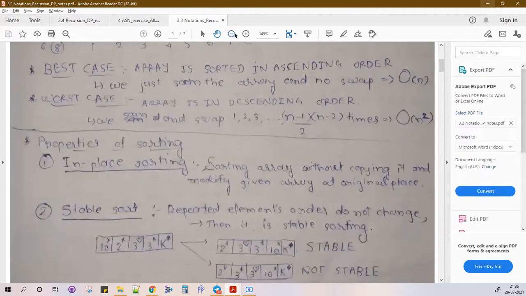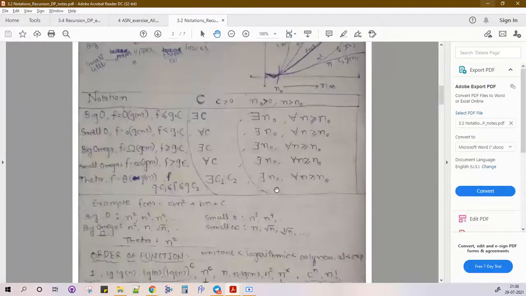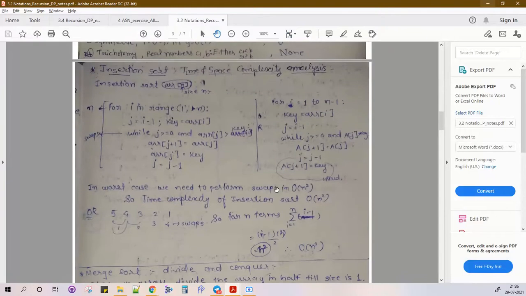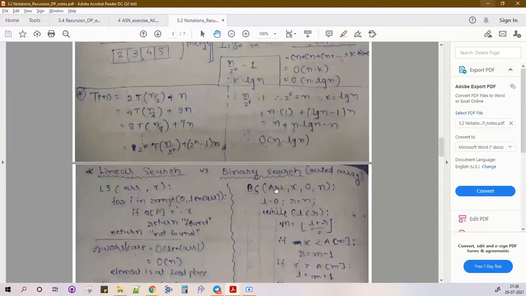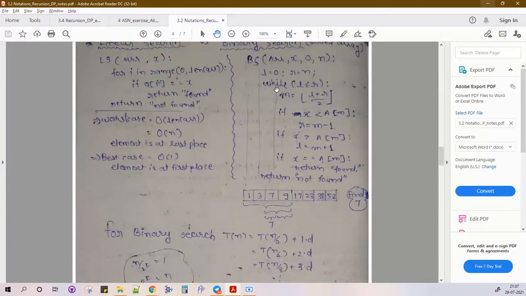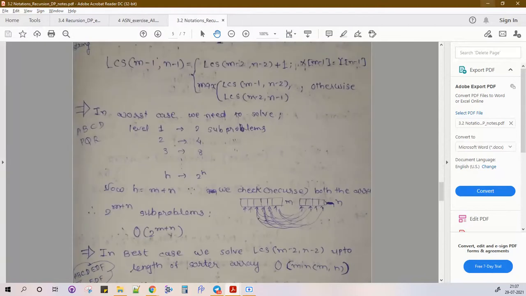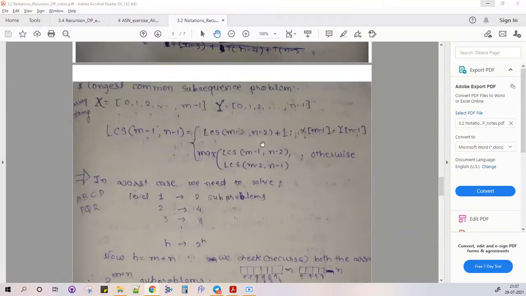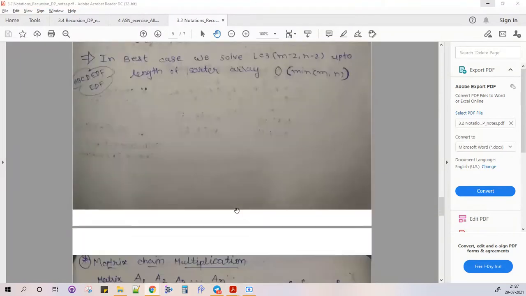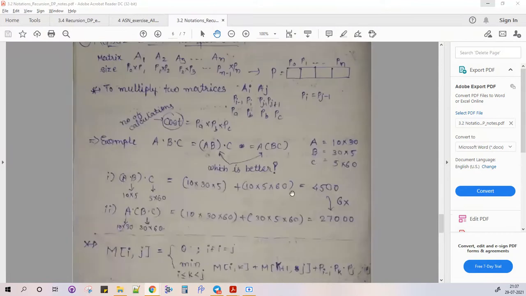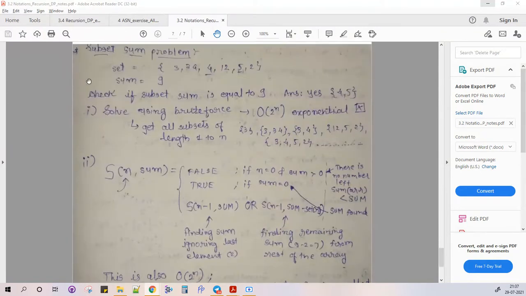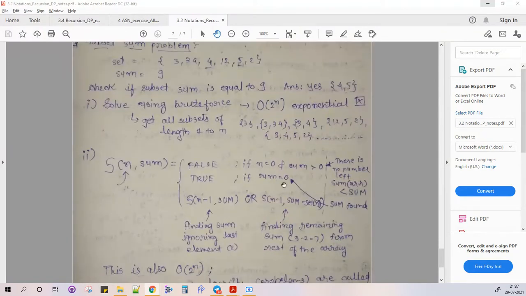So we saw these notations the day before yesterday, and at that time I mentioned linear search versus binary search, longest common subsequence, and matrix multiplication, and we have one more, something called the subset sum problem.